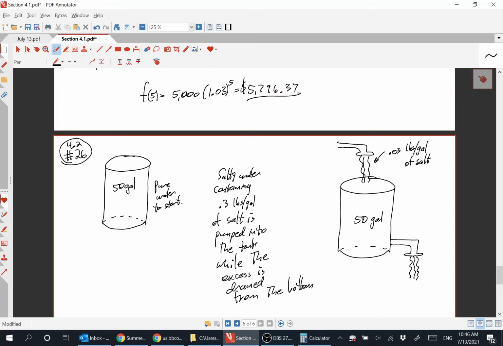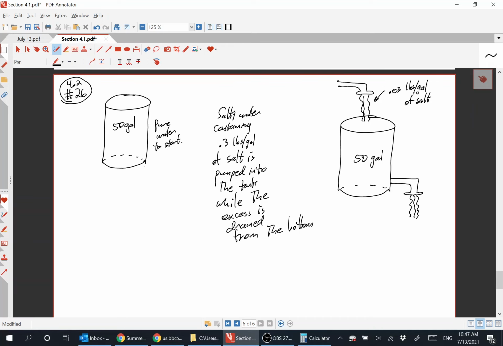So what happens over time here? As time progresses, what happens to the water in the tank? How salty should it be? Right? Over time, the concentration of salt in the tank should approach 0.3 pounds per gallon of salt dissolved in it, but never completely that, right?